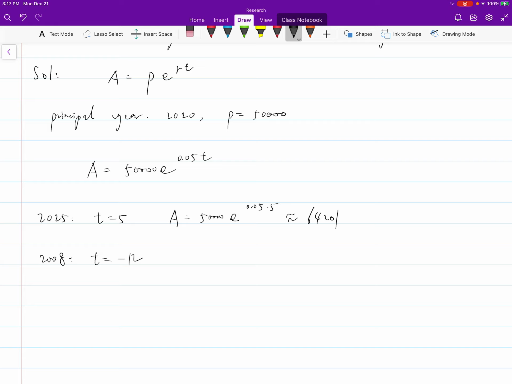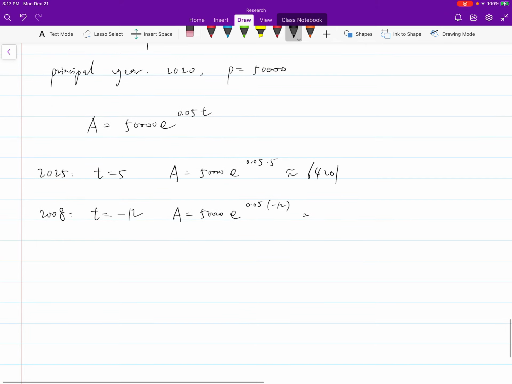So that's the population we expect to receive within 5 years. And for the other one, -0.6. Roughly this.